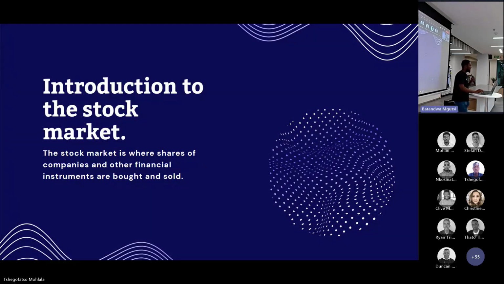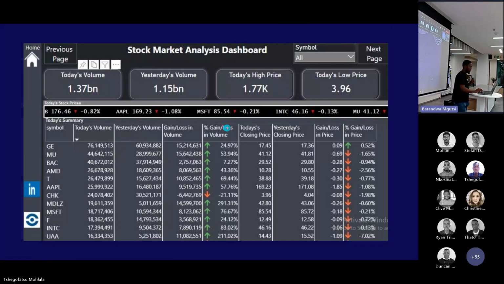Now, the data that you get from the stock market looks like this. You might get yesterday's trading volume, today's trading volume, the opening price, and the closing price for both yesterday and today. And you might also get the history of that company which was trading.